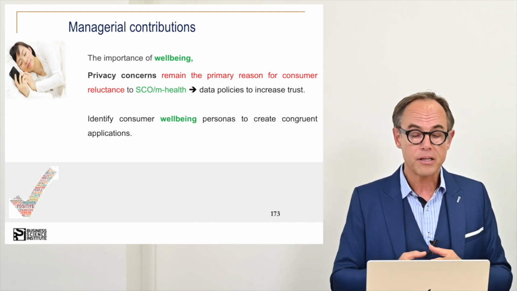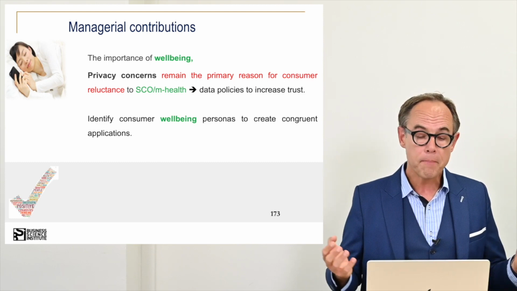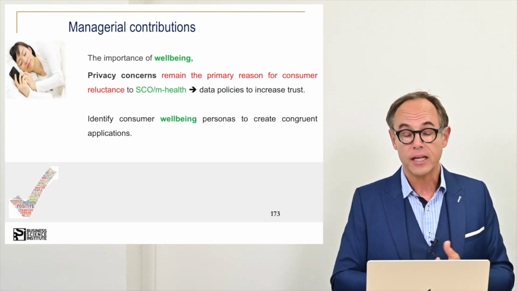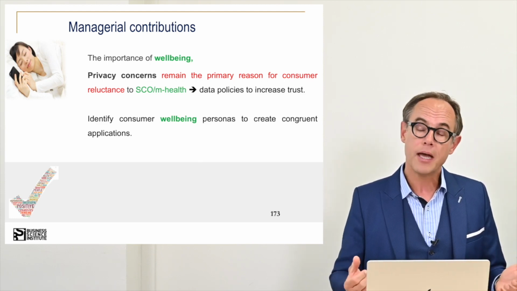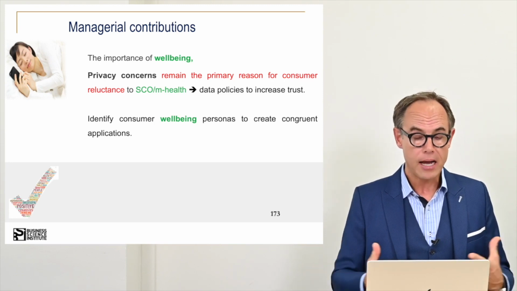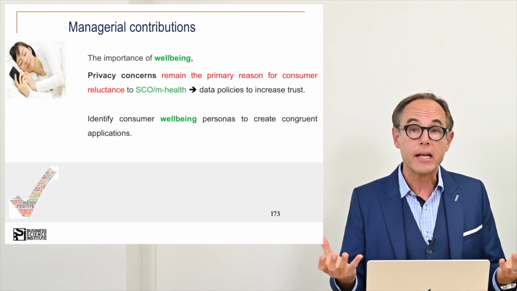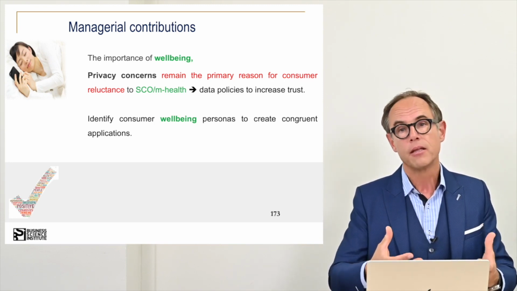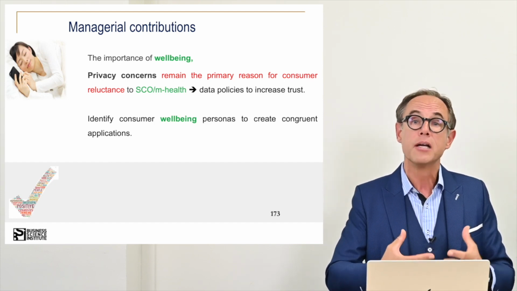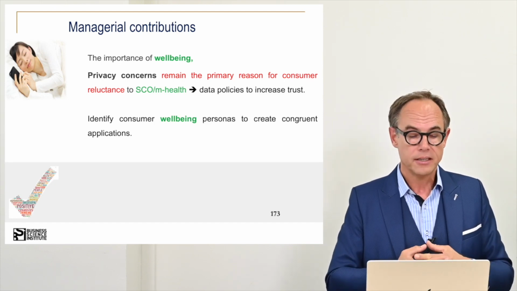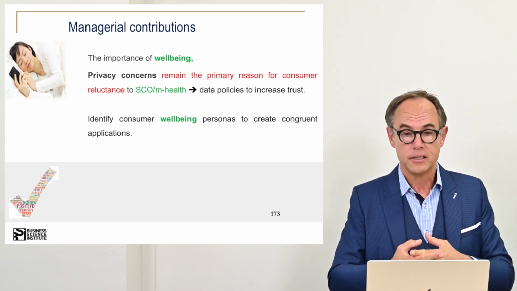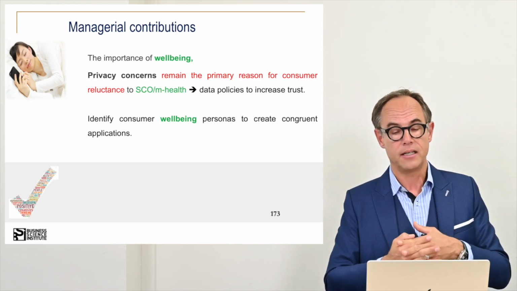So we need data policies to increase trust. And it's important to identify customers open to mHealth apps through high well-being personality. It's a scale that we can use to measure this personality. So this would be a good segmentation criterion to better target mHealth apps.